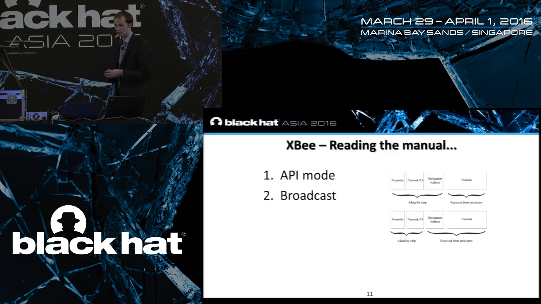There is another feature, and that is really simple. It's called broadcast. And this broadcast feature allows you, which can only be used in API mode, to send one packet out instead of brute forcing through all the addresses to get acknowledgements back from all participants within the network.